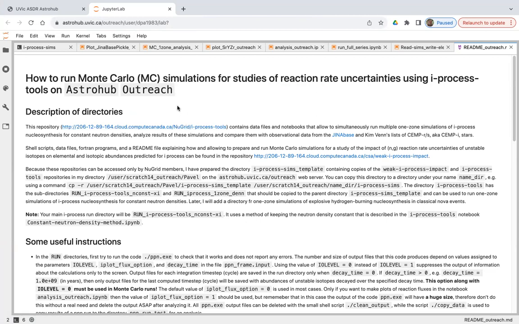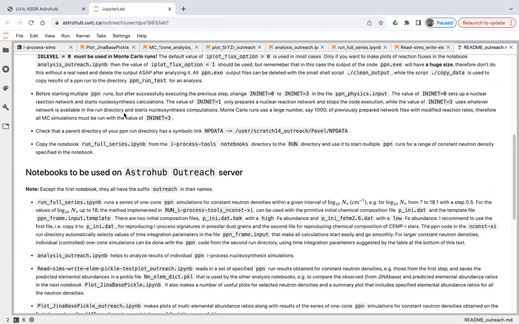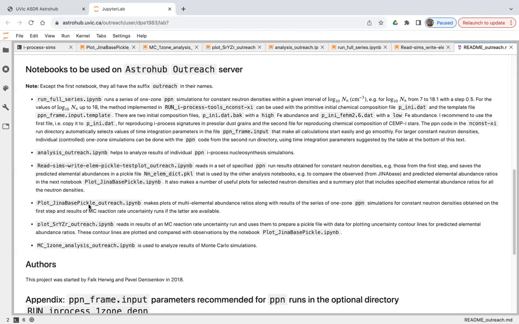So you're already familiar with this README file. We discussed all these points. Now let me scroll down to this section about notebooks. And today I'm going to talk about actually the last three Python notebooks here.